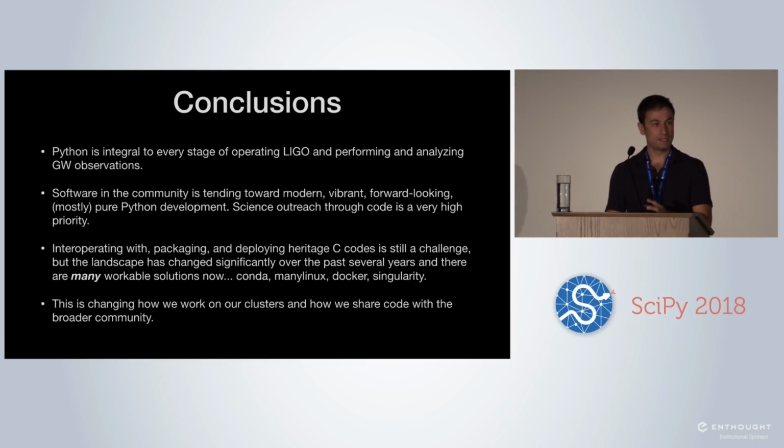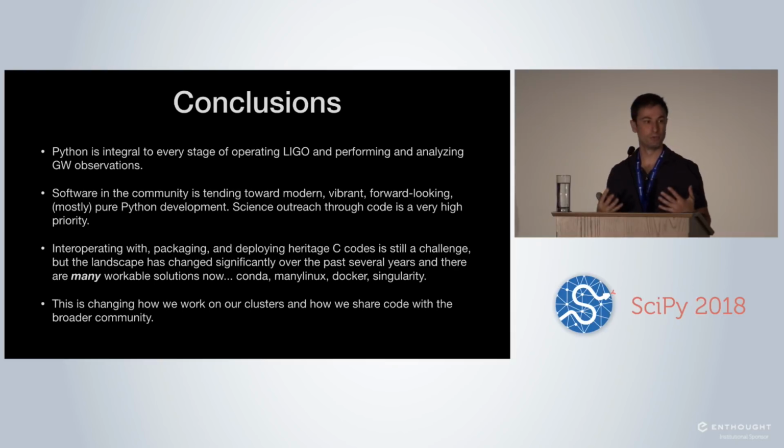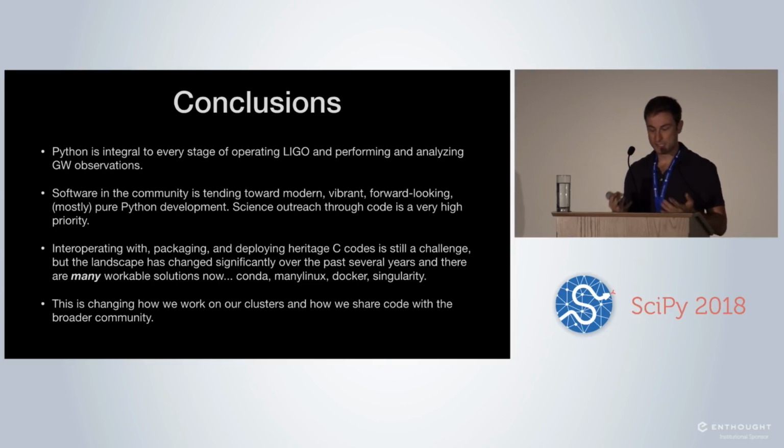But we have these legacy packages, these C codes that contain all of our waveforms and so forth, that we have to work with and distribute and package, and that's a challenge. But the landscape and the options for doing that has significantly improved in the past several years with options like Conda, manylinux, Docker, and Singularity. And this is changing how we work with our clusters and also how we interface with the broader community.